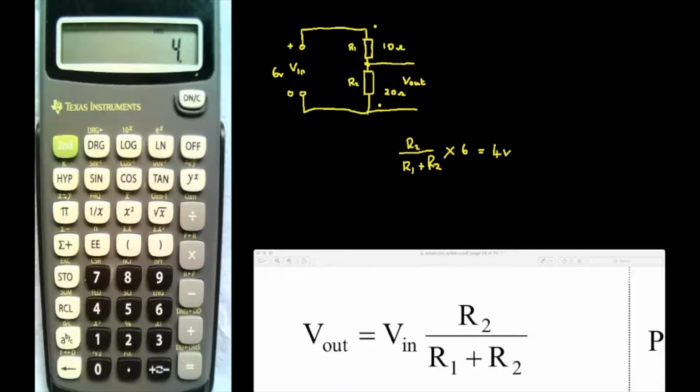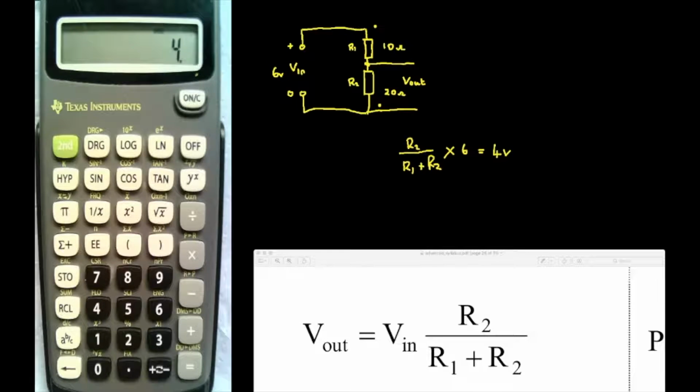And we'll do a quick sanity check on that. We've got a potential divider there of 10 plus 20, so that's 30. And we're saying that 2/3 up the potential divider, 20 out of the 30, going up from the bottom, the voltage is 2/3 of the voltage in. 2/3 of 6 is 4. So that makes sense, and the sanity check works.